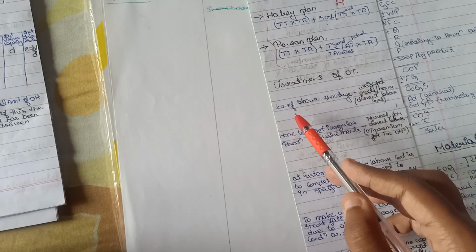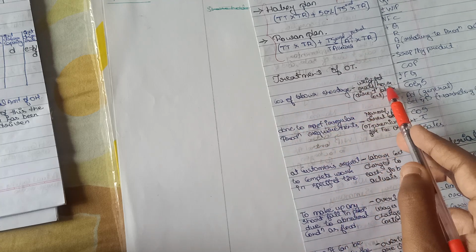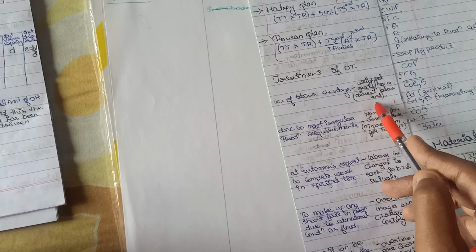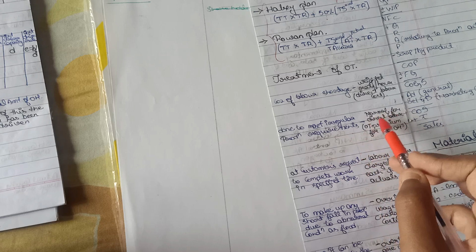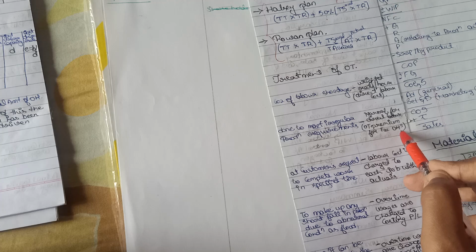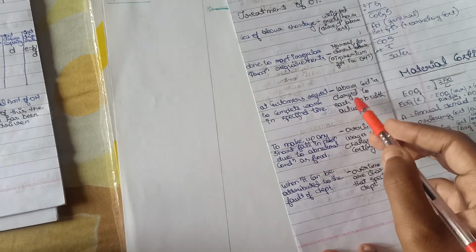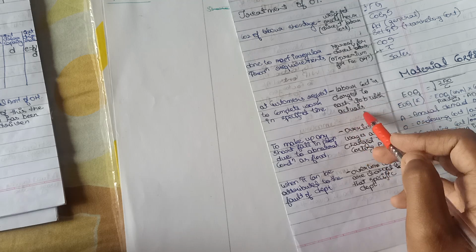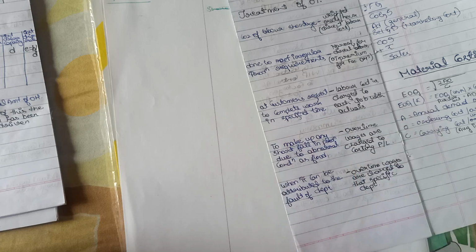Treatment of overtime: if it is because of labor shortage, weighted rate or higher direct labor cost will be calculated. Done to meet irregular production requirements, normal for direct labor, overtime premium for factory overheads. At customer request, labor cost is charged to each job with actuals, as the customer requests completion of work in specified time.